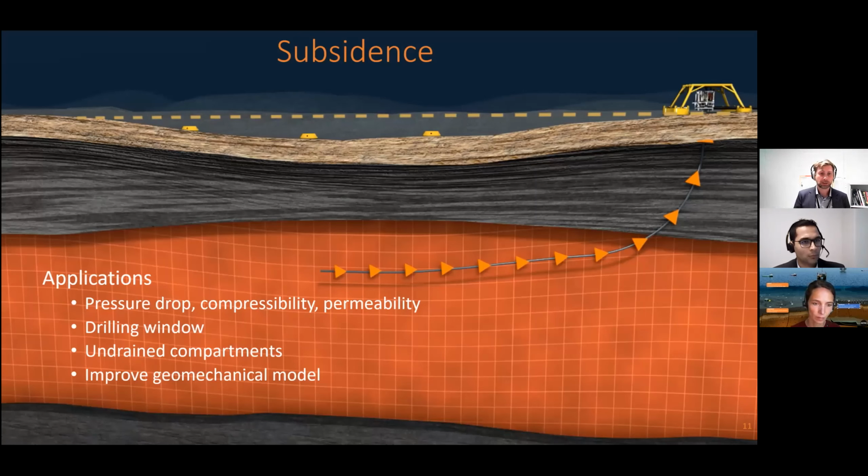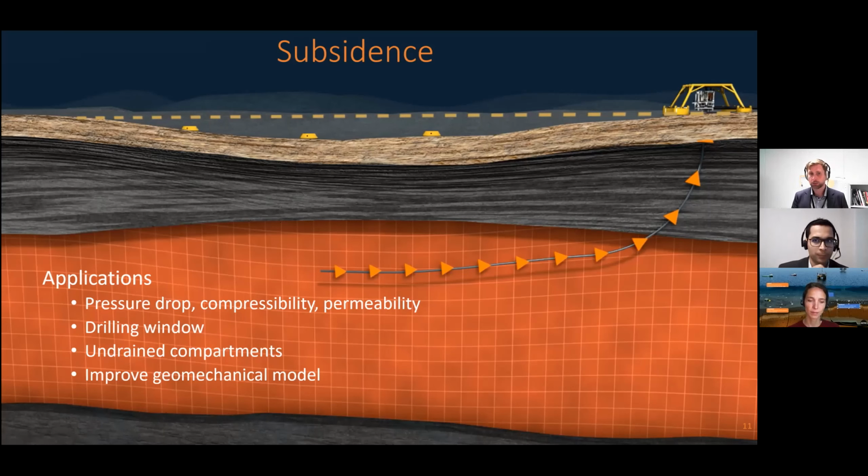This will allow us some quite important information about pressure development in the reservoir. It can give some quite nice constraints on the compressibility of the reservoir itself, and also the permeability. This type of information can then be used to better understand when it makes sense to perform drilling in the area, and it can also improve the geomechanical model of the overburden.